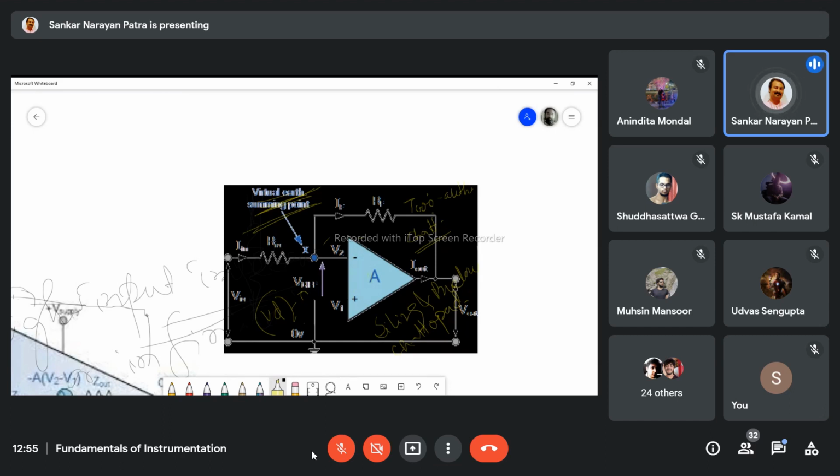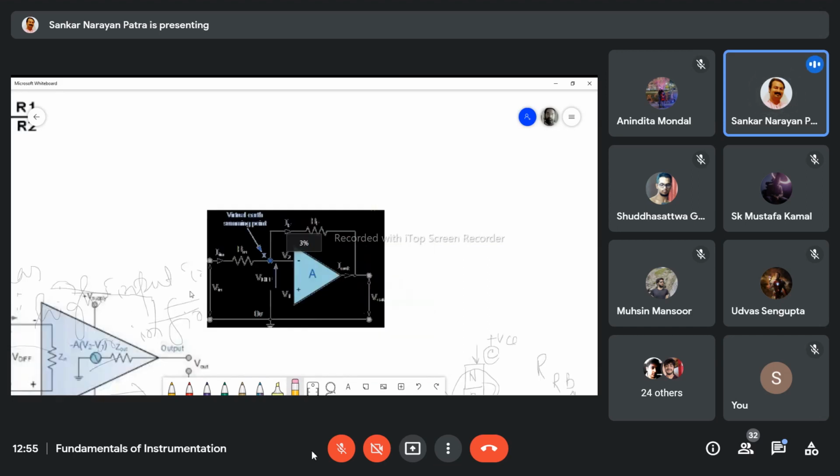And finally you will find that there will be a difference. Now this is the basic circuit of the inverting amplifier. The earlier circuit that I showed you is an open loop circuit. Why is it open loop?